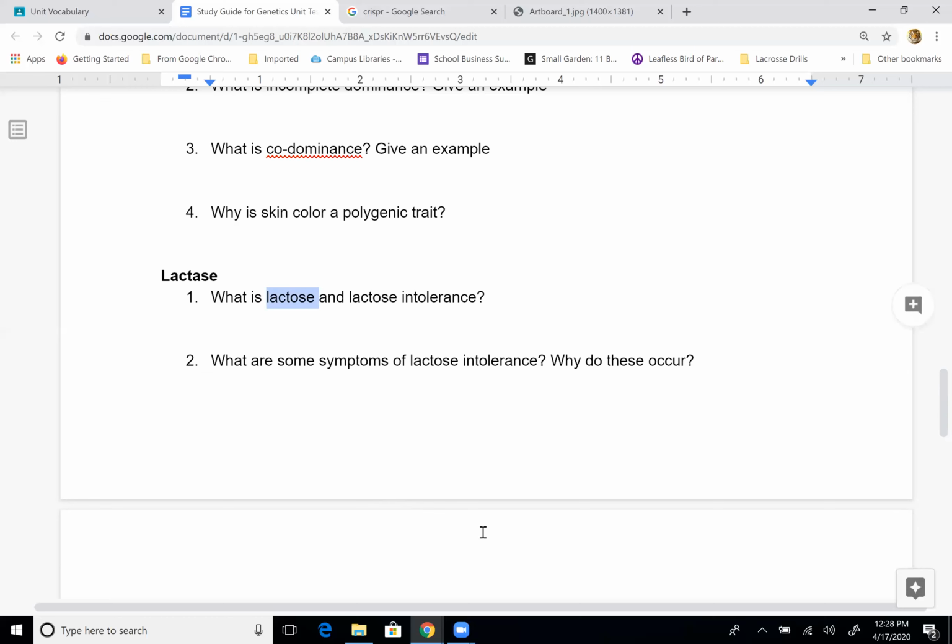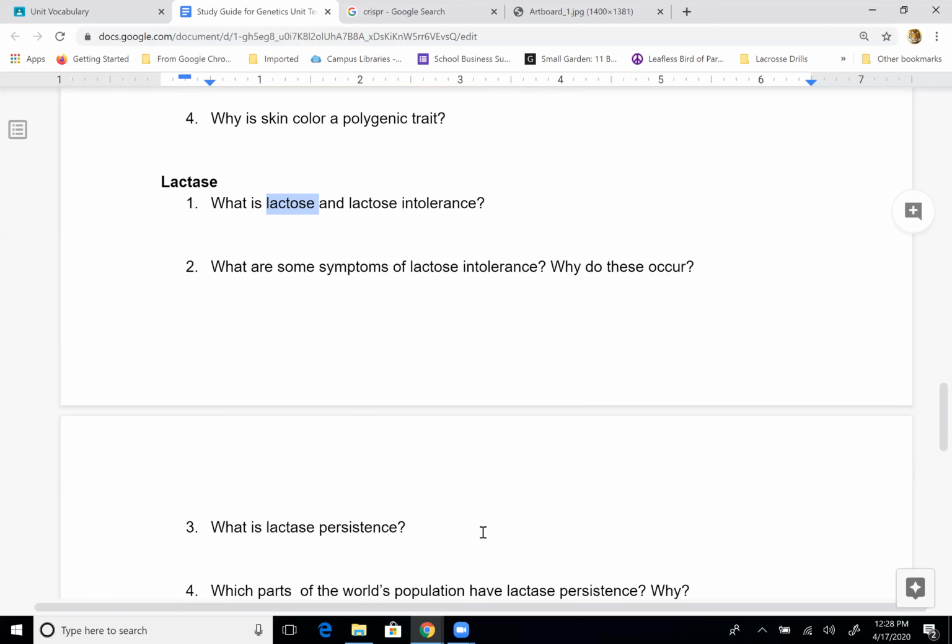Okay, and so a lot of people become lactose intolerant later on in life, and that's something that we were on the cusp of going over before we left. Basically, your body stops making lactase to break down lactose, based on many different interesting things.